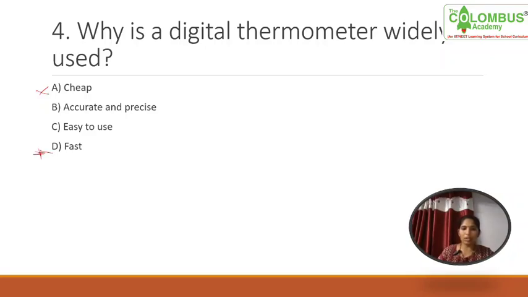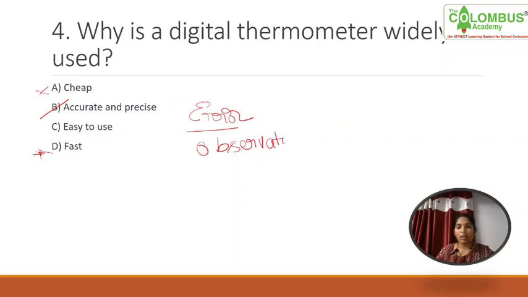Easy to use, yes, but the most important feature of the digital thermometer is that it is accurate and precise. Why? Because in a clinical thermometer, the person may commit a mistake, that is error, while observing. But a digital thermometer has a display, so there is no chance of error, so it is accurate and precise.